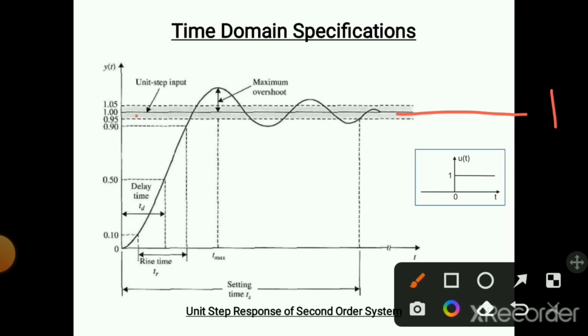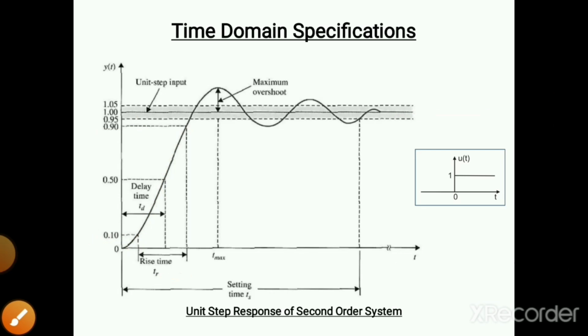Now you can check the different times shown. First is rise time. The output response is rising like this. The time taken by the output to reach from 10% value to 90% value is called rise time. Here it is 0.9 and here it is 0.1.